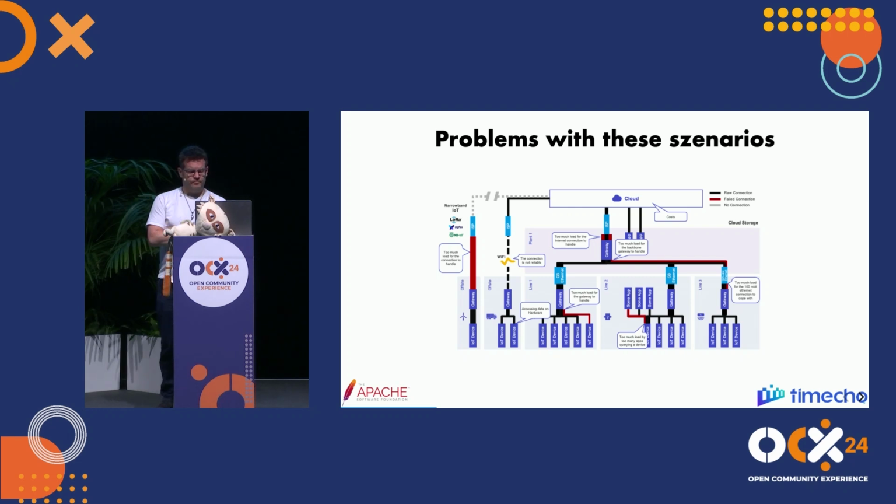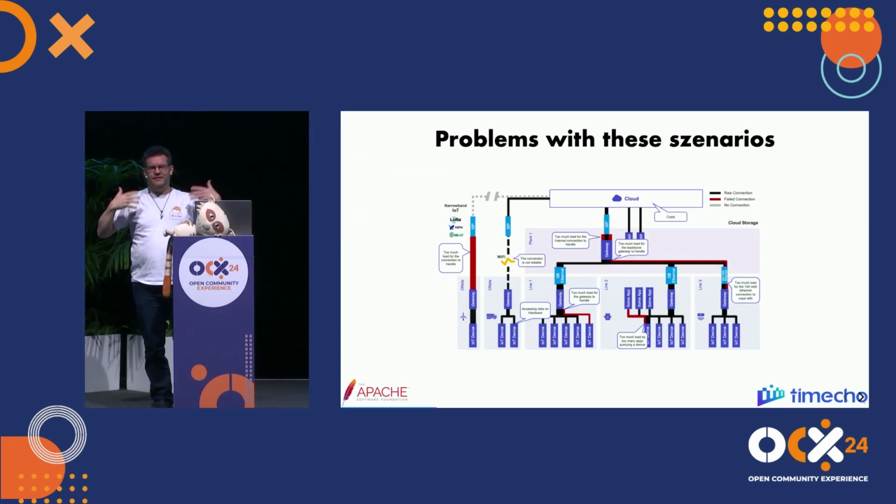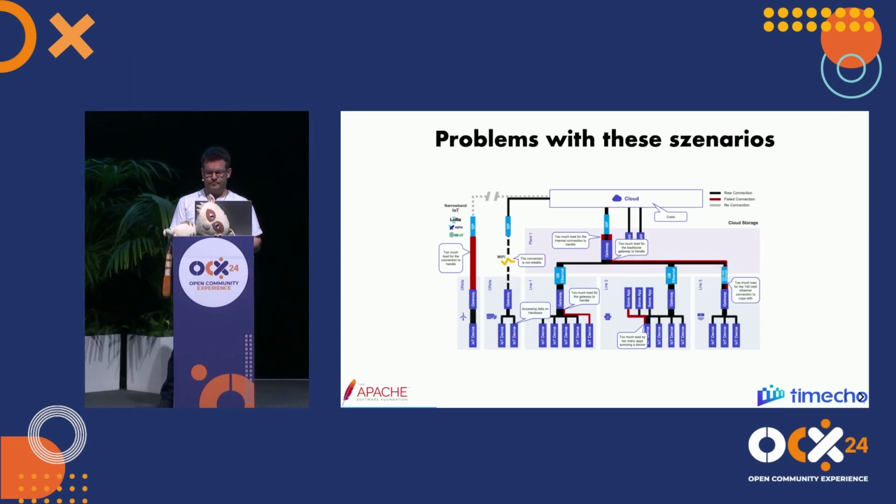I put some little exclamation marks and little bubbles on typical problems that I've seen all over the place. We'll go into all of them on the following slides. I just wanted to show you where, in general, I see problems. And I try to show this whole bandwidth problem with the width of the lines that I used. So you can see in some places the lines going into a device are too big, which should indicate an overload situation.